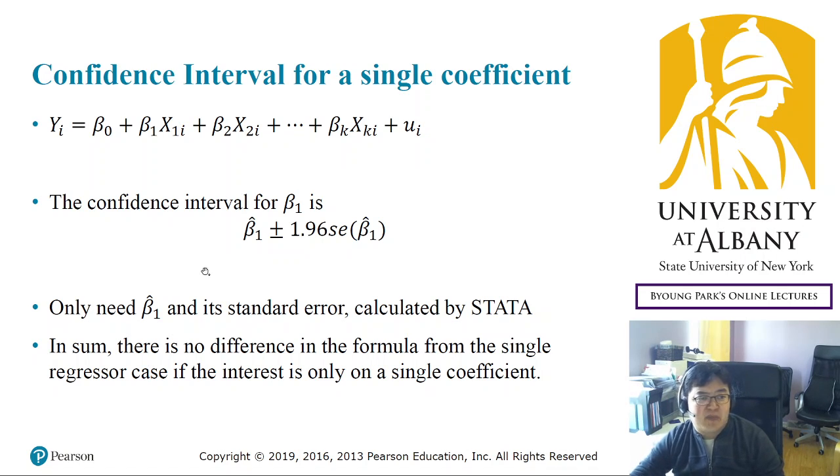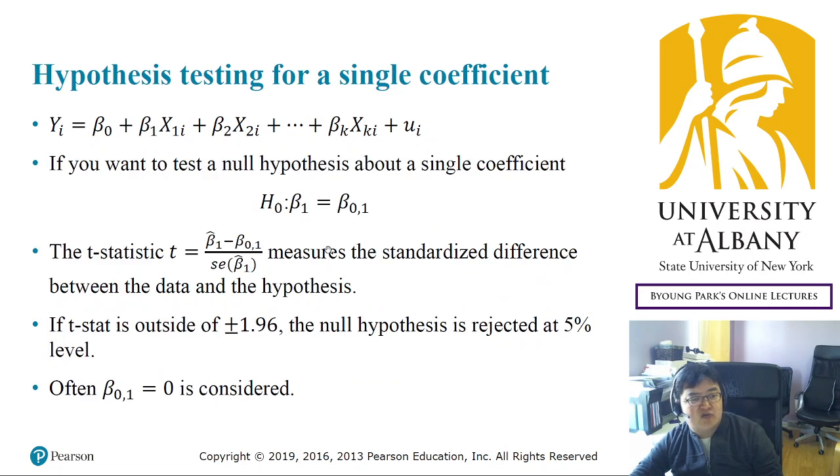It is about how many coefficients you are interested in, not about how many regressors you include in the regression model. Also, you can see that in this calculation and in this calculation, what you need is only the estimate, beta hat, and the standard error.